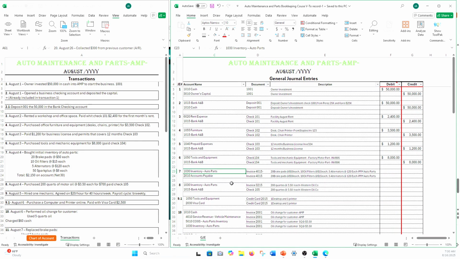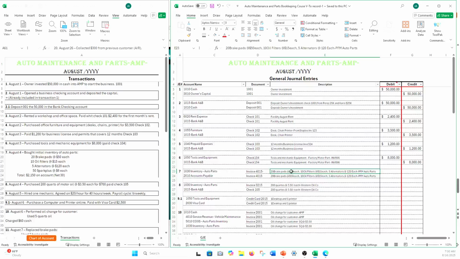So let's continue with this. They say that we purchased 20 brake pads at $50, 10 oil filters at 15 each, 5 alternators at 120 each, 50 spark plugs at $8 each. The total for this purchase is $2,150. So we can just type all the information here.